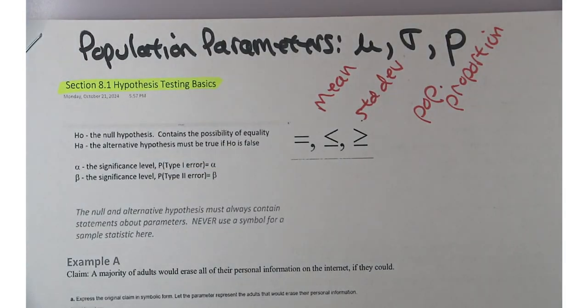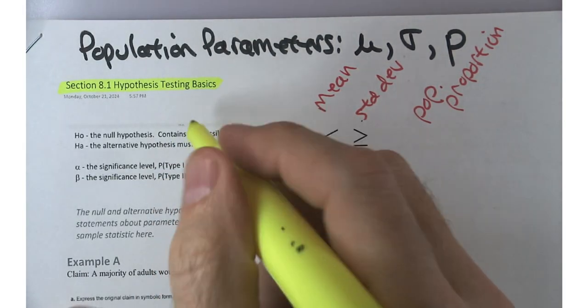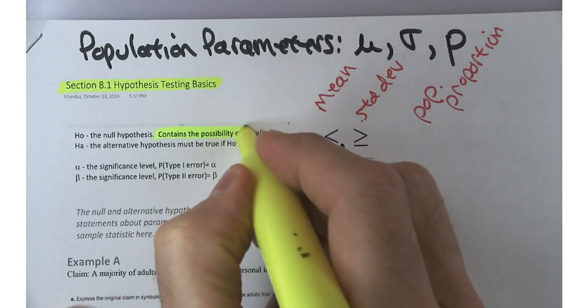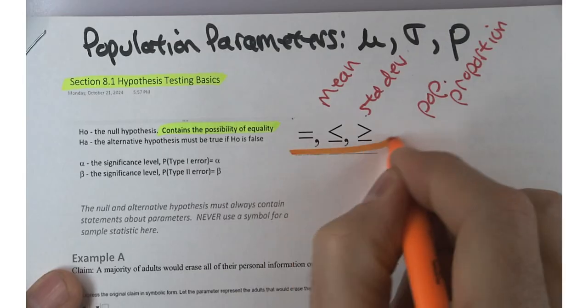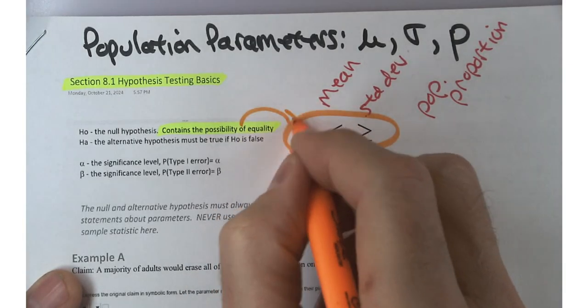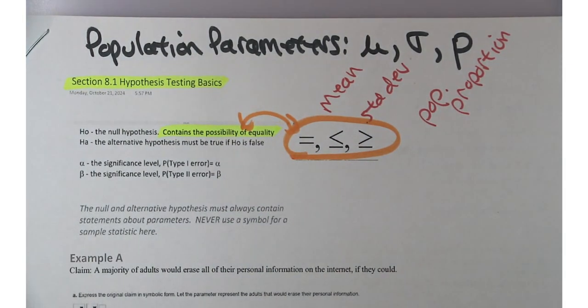But one thing's going to be true about all your claims about a population parameter and our hypothesis test of those claims. They're going to start out with, first of all, a claim about a population parameter that's going to contain the possibility of equality. So one of these 3 things has to be part of your null hypothesis.